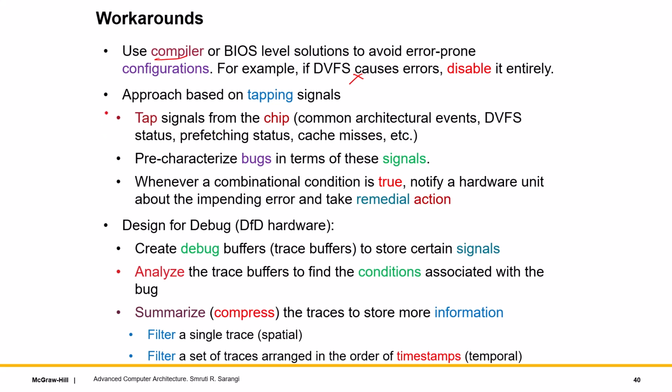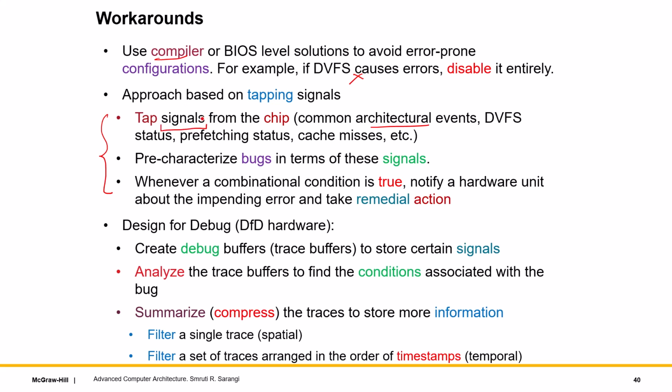Then we have discussed this approach based on tapping signals, where you look at all kinds of architectural events, things like DVFS, prefetching, misses, all the modes, right? Things which are processor model independent, and specific configuration settings in the processor model which are important. So that would be a conservative guess of all the signals.